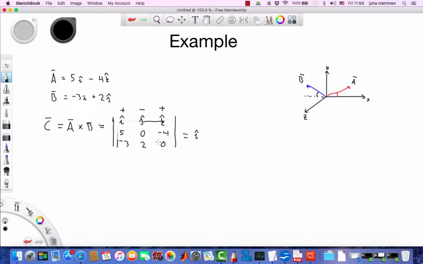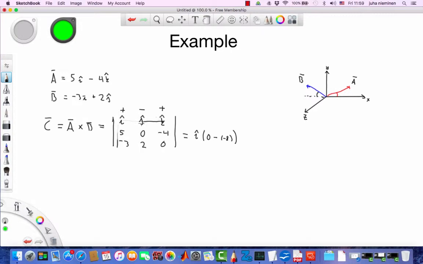We are only left with these 4 elements. So we have the diagonal products starting from the top left. So 0 times 0 is 0. Minus the other product, minus 2 times minus 4, so it's minus 8, like this.